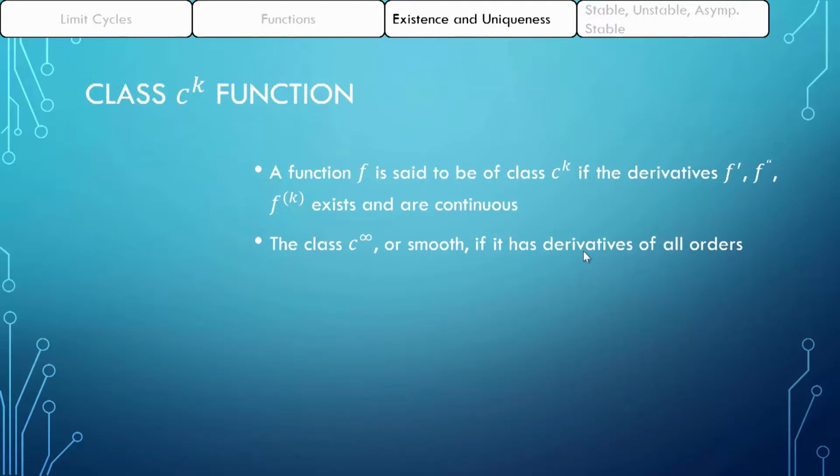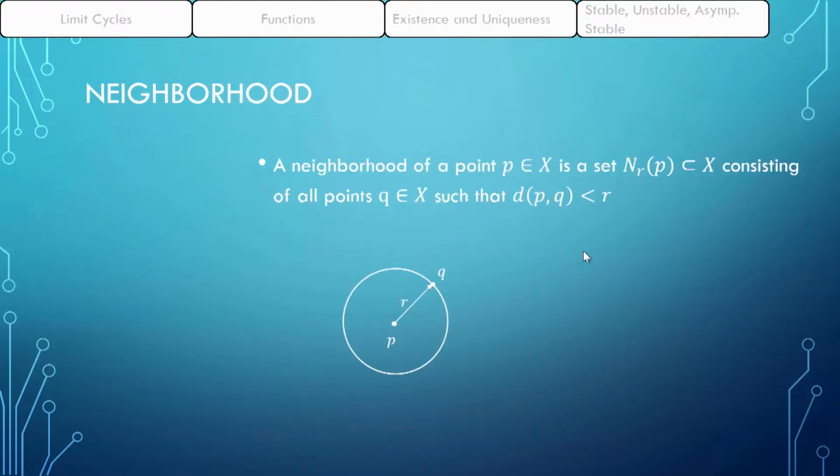For example, the exponential function, sine function, cosine function. Neighborhood: a neighborhood of a point P in a set X is a set containing a neighbor region of P. Then we say it is a neighborhood of P.